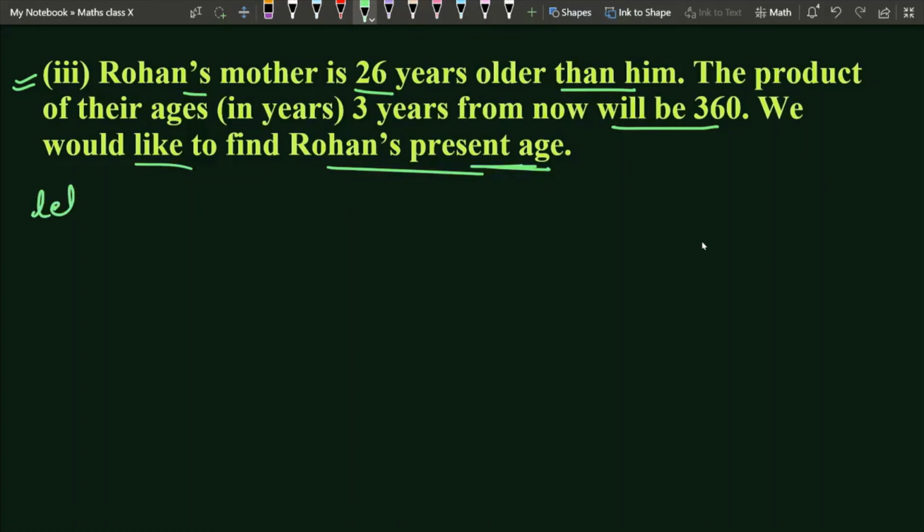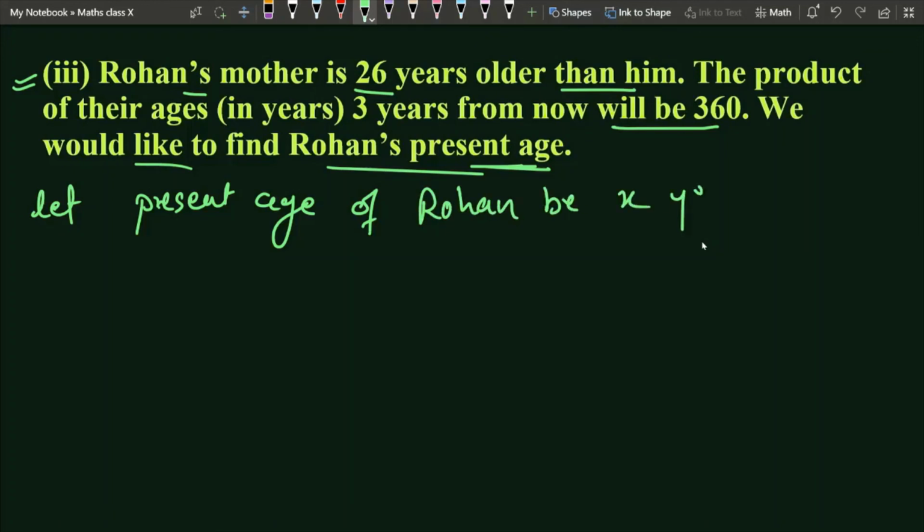So whose age do you have to assume? Just think about it, because Rohan's mother is 26 years older, means she is 26 years more than the age of Rohan. So you assume Rohan's age. So let the present age of Rohan be x years.